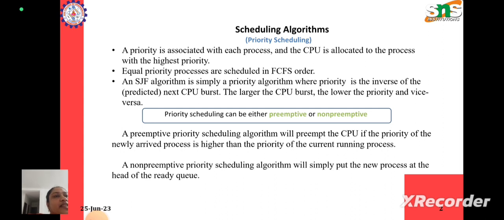That means it will be kept in the queue according to its priority. If it has the highest priority among all the other processes in the queue, it will be kept at the head of the queue, and when the currently executing process completes its execution, the newly arrived process will be given the CPU after that. So that is what happens in non-preemptive priority scheduling.